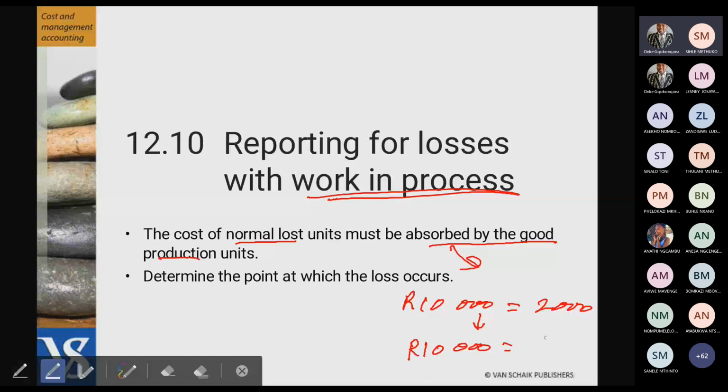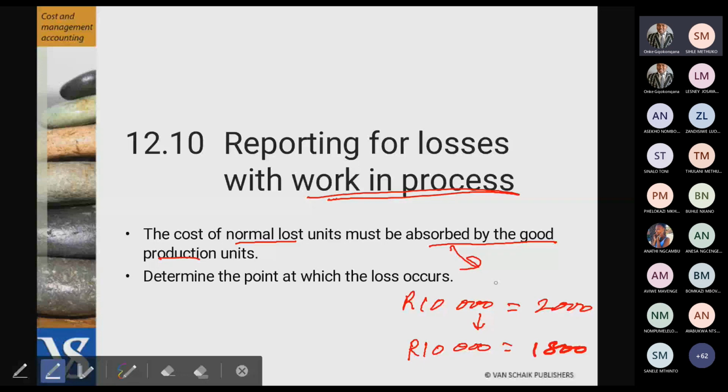The only thing that we're going to do now, when we work out our cost per unit: before, we said 10,000 divided by 2,000 units, and your cost per unit was 5 rand per unit. But in this scenario, we'll take 10,000 and divide it by 1,800.